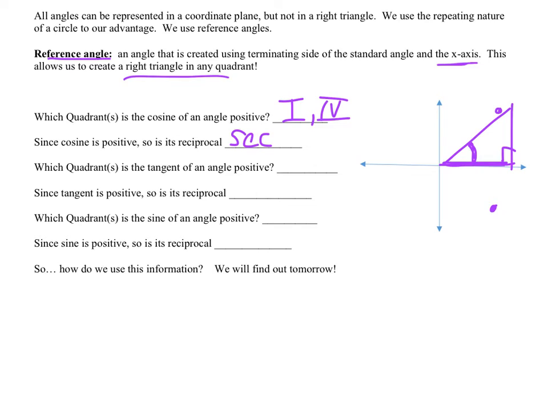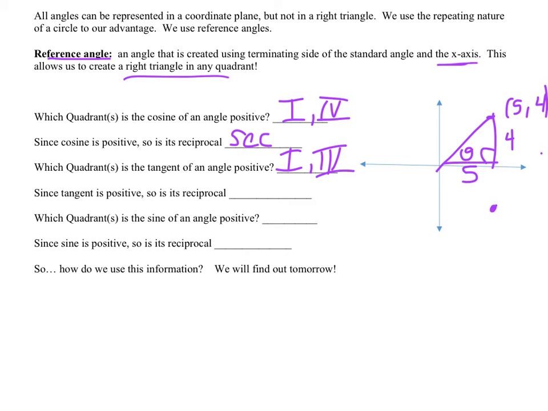As we all know, secant is the reciprocal. So where is tangent positive? Tangent is positive where both the opposite and the adjacent have the same sign. That would be in quadrant 1 and quadrant 3. When we draw a triangle here, if this point is 5 over and 4 up, then this is 5 for the x and 4 for the y.